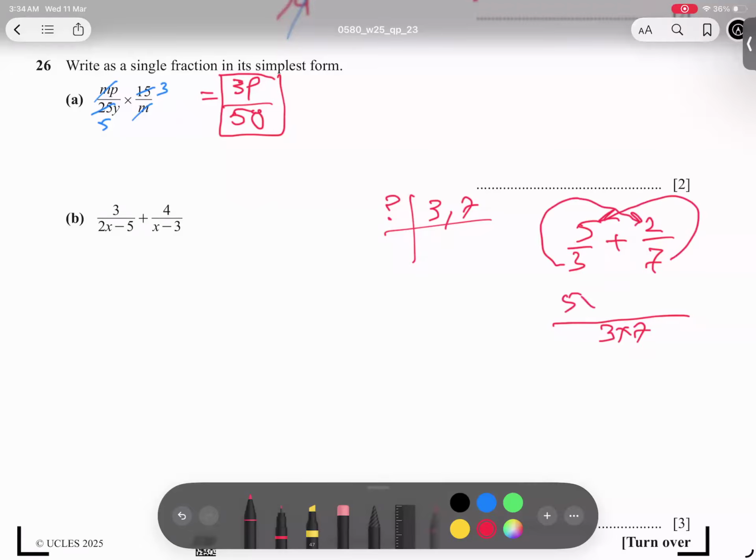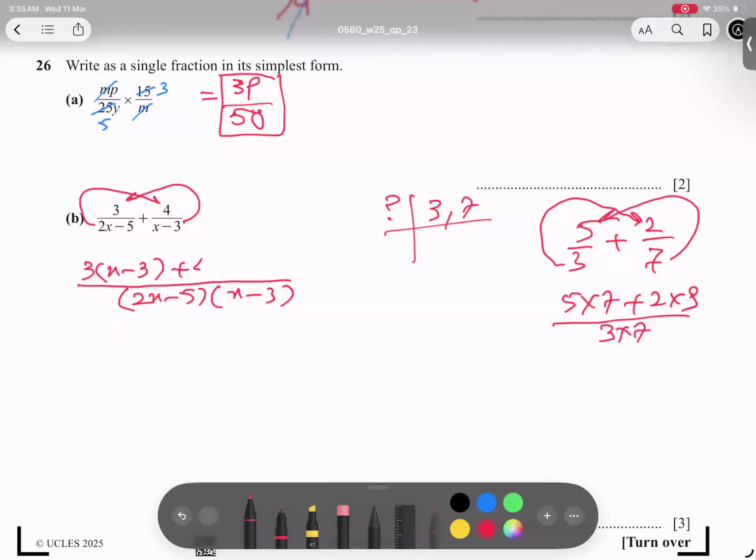Butterfly method, 5 into 7 and 2 into 3. But this is applicable only where there's nothing common. Same story here. So what is the LCM? Nothing common, so I can multiply them. Now multiply here and multiply here. So I can write 3 times 2x minus 3 and 4 times 2x minus 5.